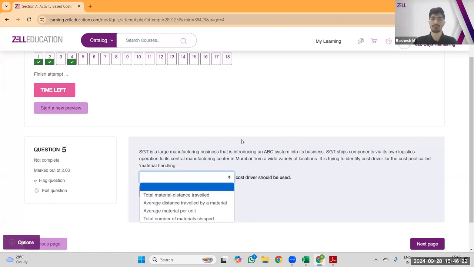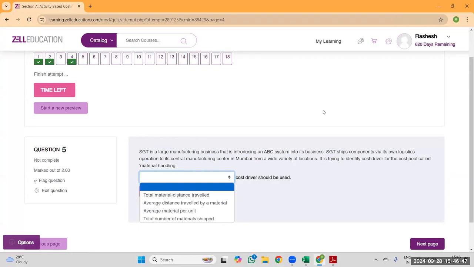Anyone? Any guesses? So let me clarify one thing. I'm not sure if we've discussed this, but an average will never be a cost driver. If you have noticed, cost drivers are always total number of units, total number of setups, totals.